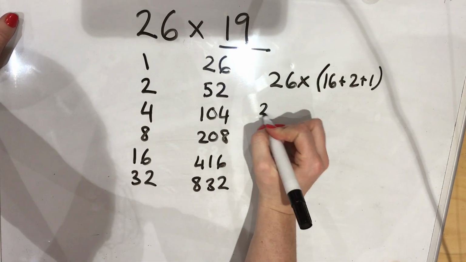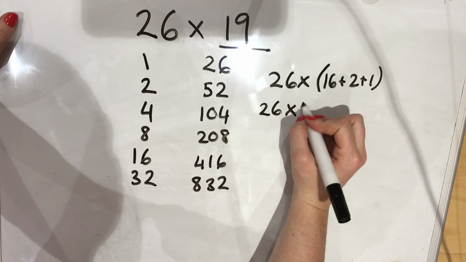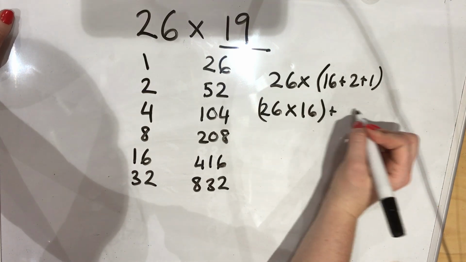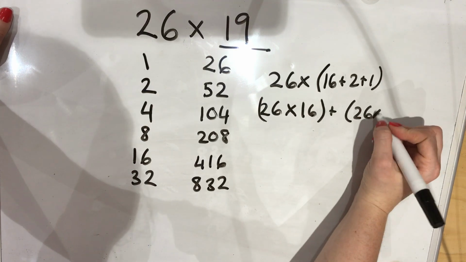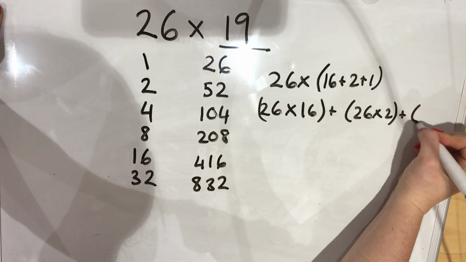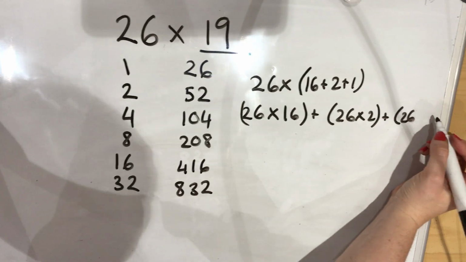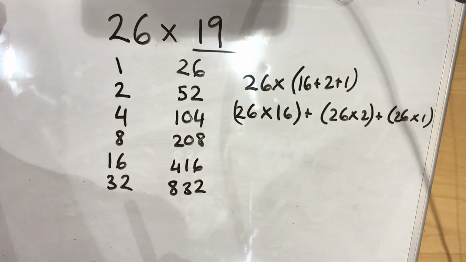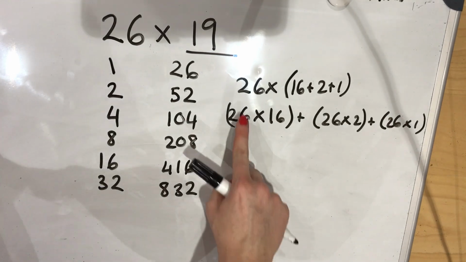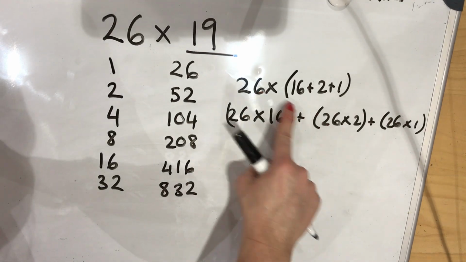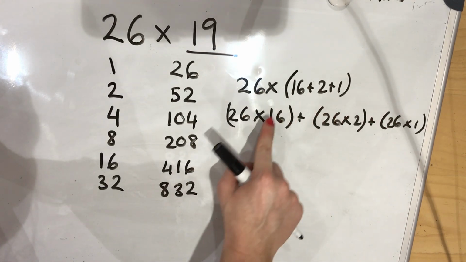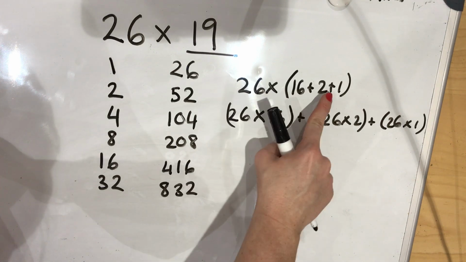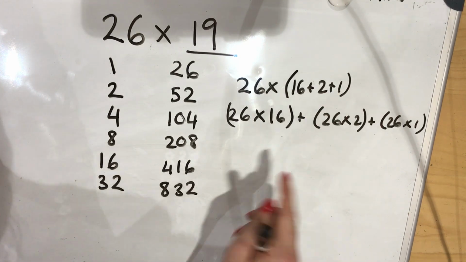So now I'm going to swap it into 26 multiplied by 16 plus 26 multiplied by 2 plus 26 multiplied by 1. So again, all I've done here is I've got 26 is my first one, and then it's by 16, then by 2, and then by 1.